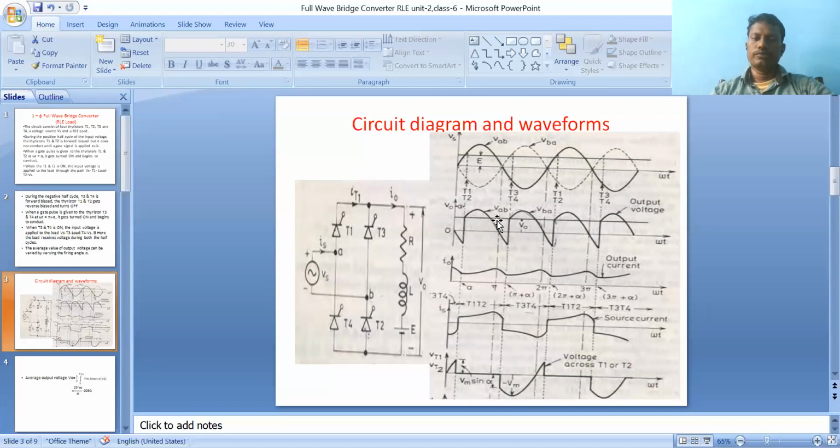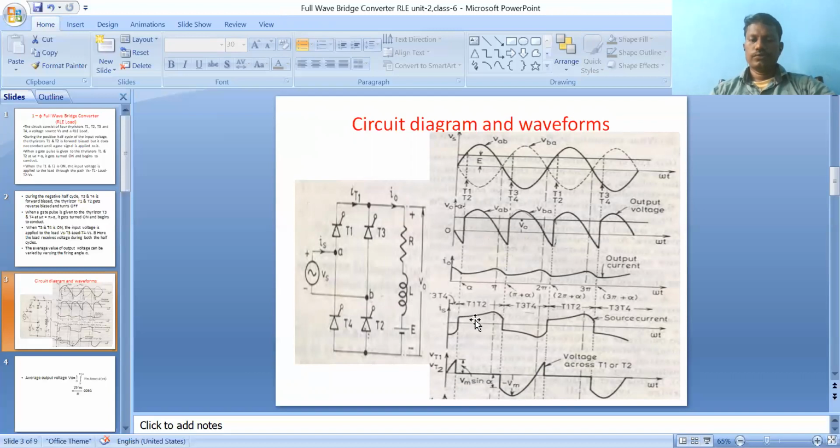During the positive half cycle T1, T2 turn on. In the negative half cycle T3, T4 turn on once firing pulses are given, T1, T2 in the positive cycle and T3, T4 in the negative half cycle. So here we have IT1 and it is also I0.